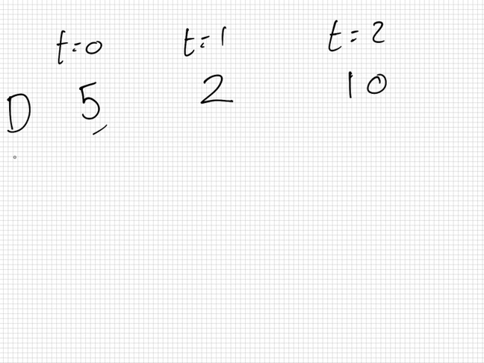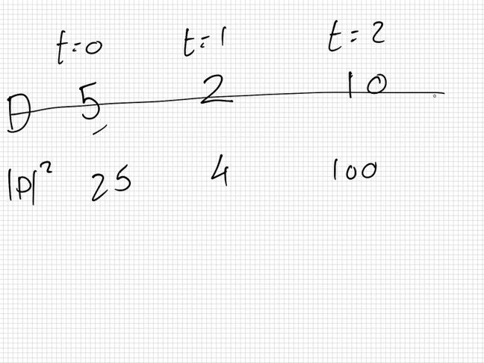Now suppose I look at the magnitude squared, 25 for 100, and forget about this. When are they closest together? When is it minimum? 1. Still at the same time, isn't it? So by squaring the magnitude, you don't change the answer for time. But of course, you know that this is not the distance, it's actually this one here.